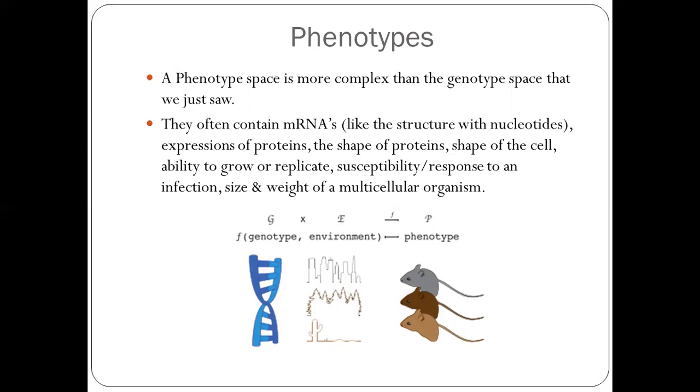We can think of it as a function where G and E are the inputs and P is the output. So here certain environmental factors cause changes in the genotype, which results in a phenotype, which usually corresponds to characteristics like appearance, ways to respond to different environments, etc.